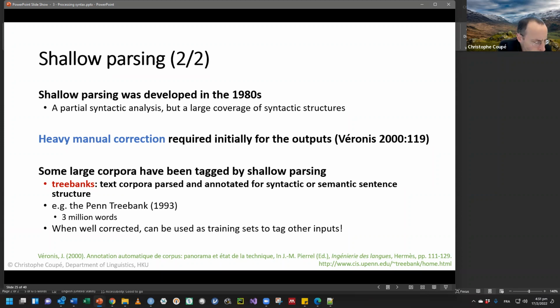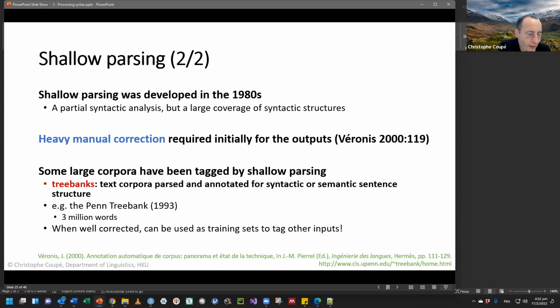So they took large sets of text and then they tagged them with shallow parsing. So people manually paid the effort to create what we call today tree banks. They took many texts and they taught people how to analyze them with shallow parsing. And then for all the sentences, they produced annotations, explanations for the structure.